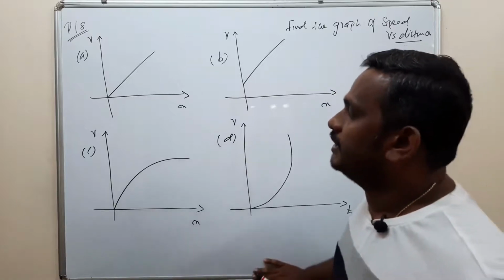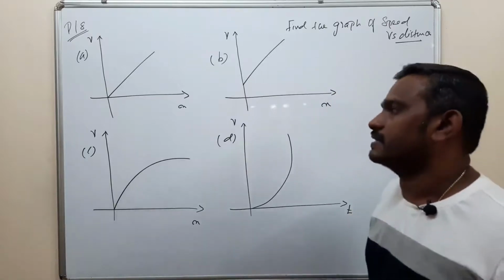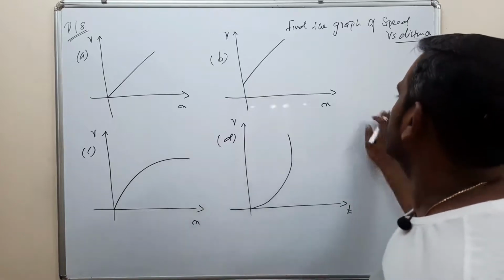So the variation of speed with the displacement x is. So we have to find the correct curve.